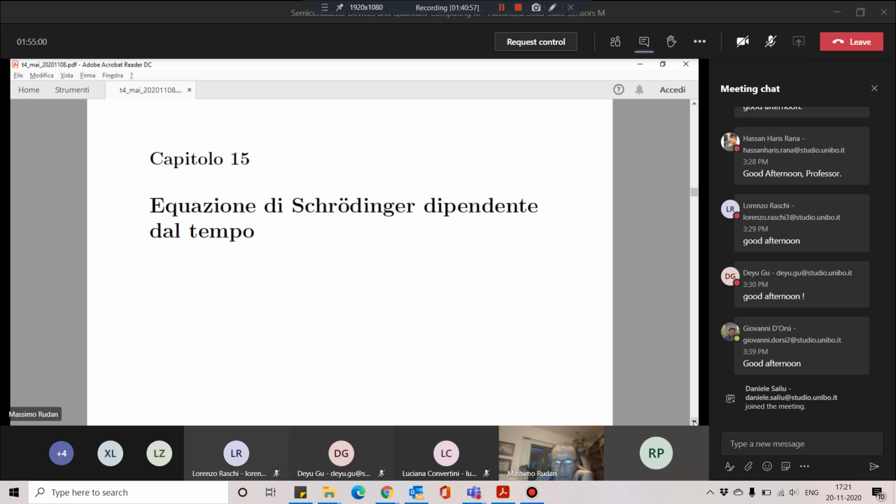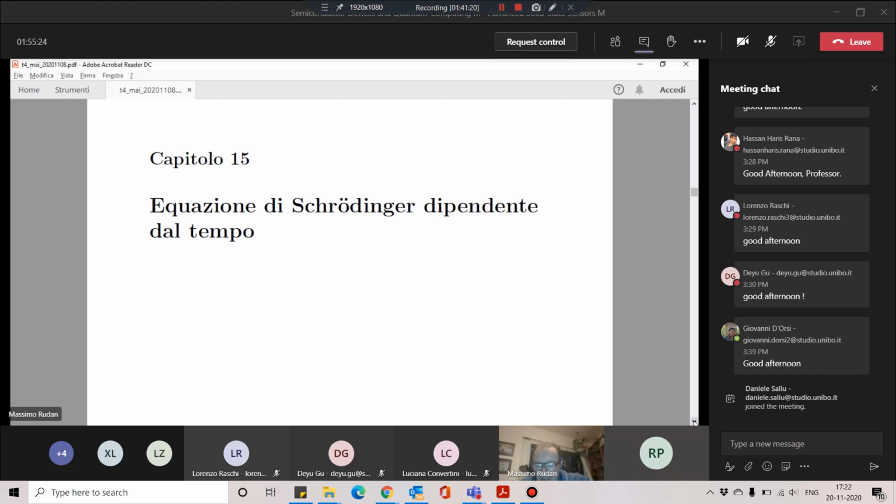What is the possible generalization in the electromagnetic theory of this case? The possible generalization is that of an electromagnetic field made of the superposition of many monochromatic waves.